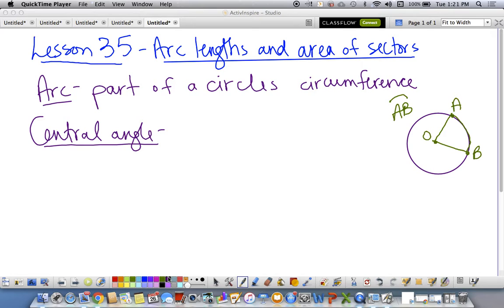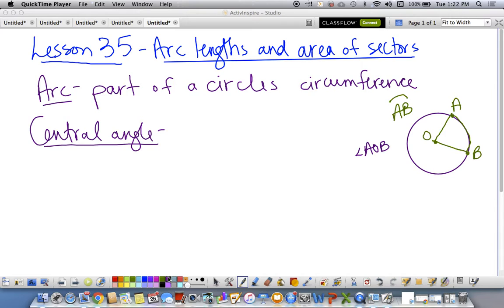What is it? Say that again. Angle AOB is the central angle. Okay, but what is a central angle? The angle in the middle, it goes to maybe we might say the center. The middle of the circle is really called the center, right?